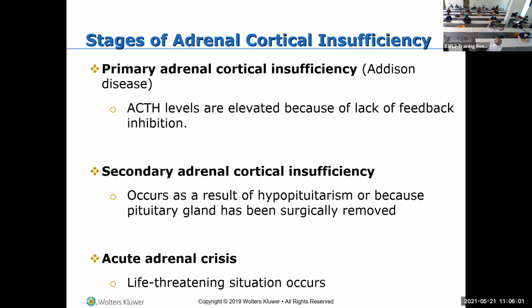And also, we follow the same principle when we withdraw the drug. We gradually withdraw the drug, gradually decrease the dose. If I stop medication right away, this thing will happen. Crisis.